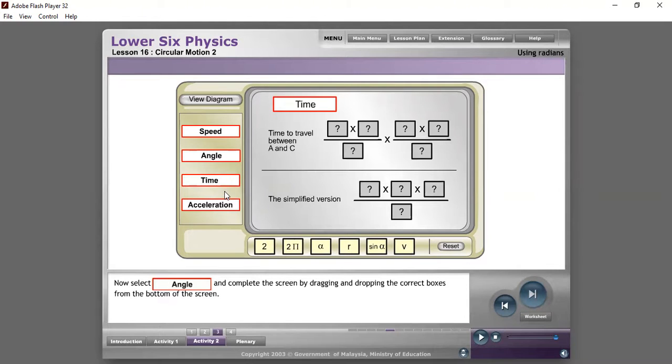Okay, how about the time taken between A and C?